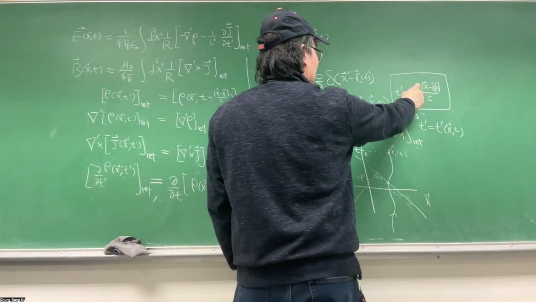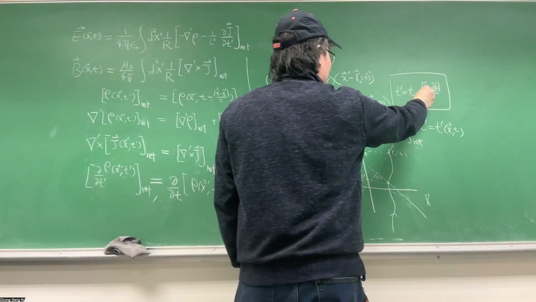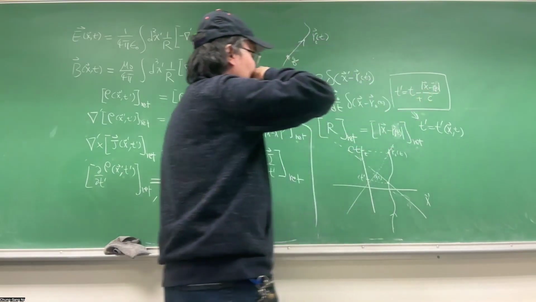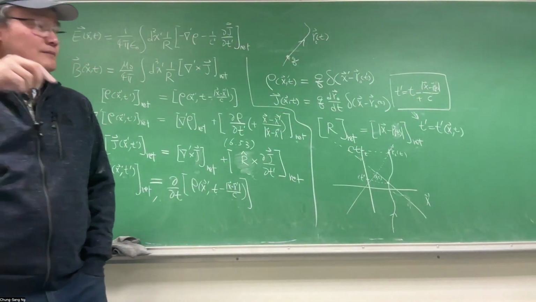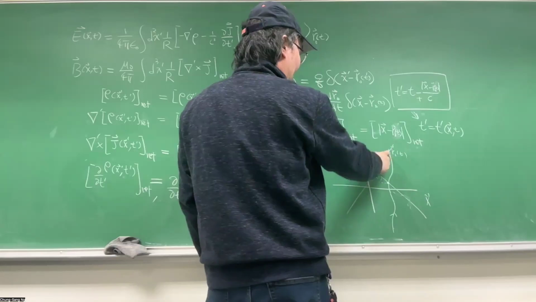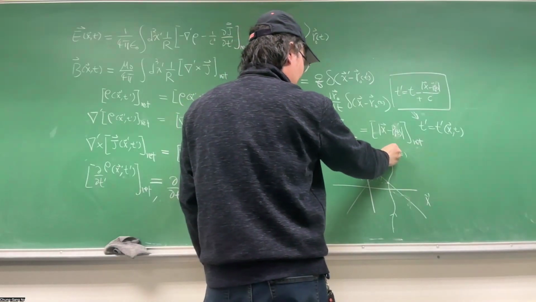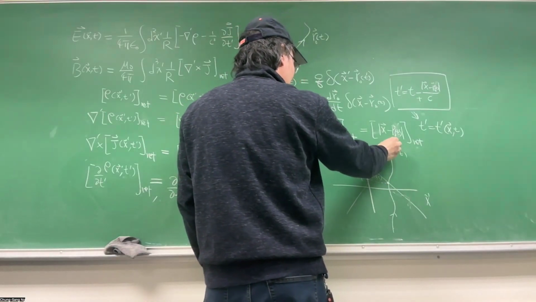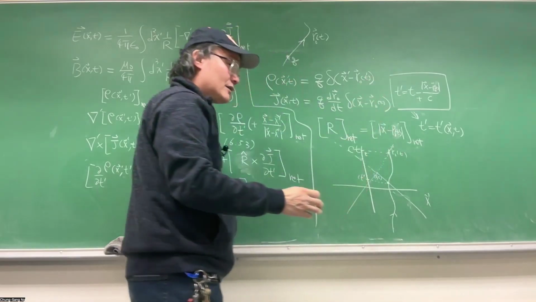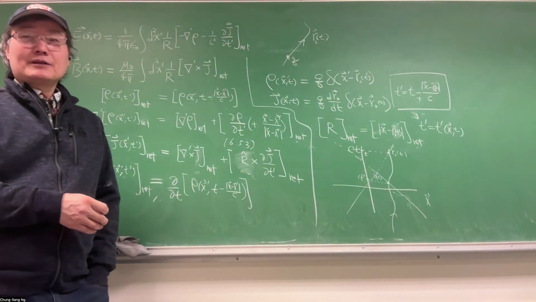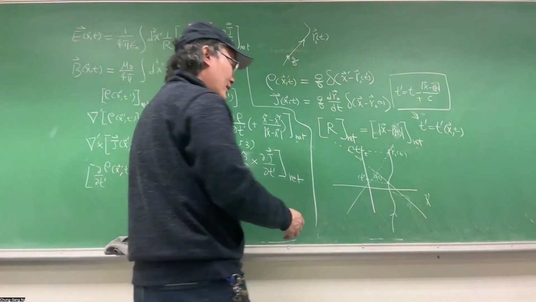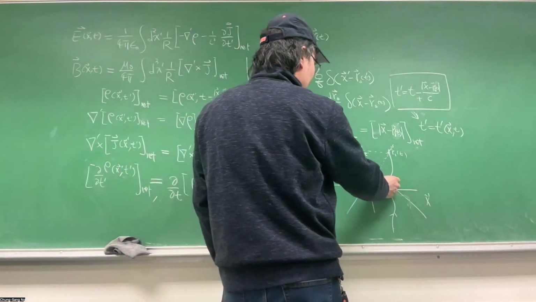All you need to change is this minus to plus. For the advanced term, you need to find the intersection of the trajectory with the advanced light cone, the forward one. The solution method will be pretty similar.